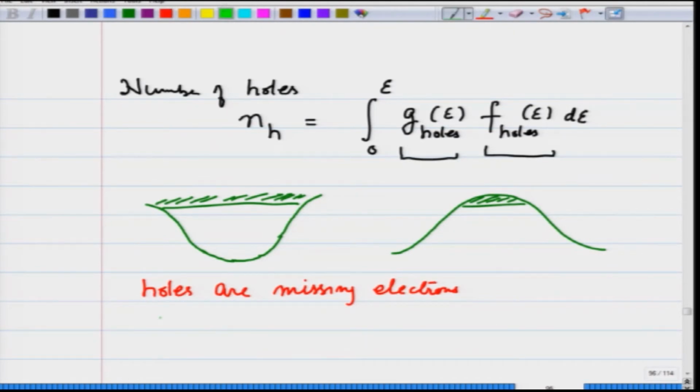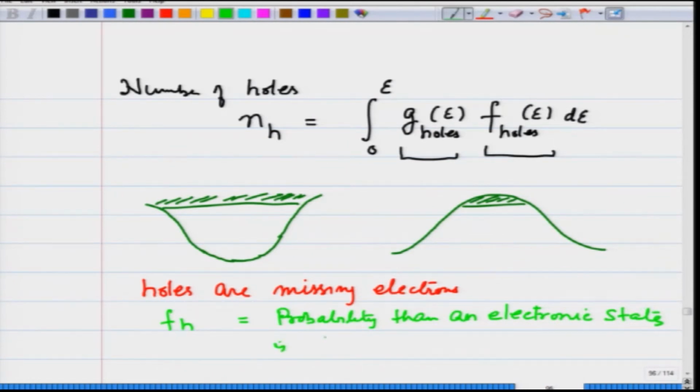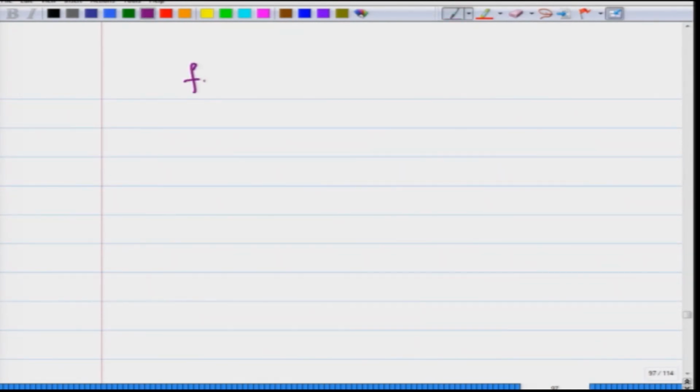So, F_H is going to be the probability that an electronic state is not occupied. So, F_H(E) is going to be 1 minus F electron of minus E.